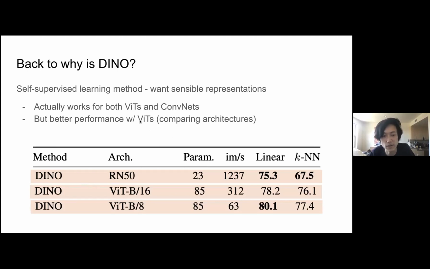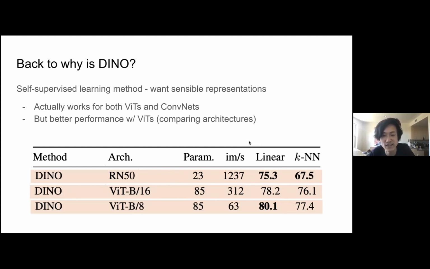Another claim they make is about DINO itself. This table is showing that with self-supervised learning with DINO, the vision transformers actually do better than a ResNet. To clarify the task, these rows were spliced together from different parts of the table.